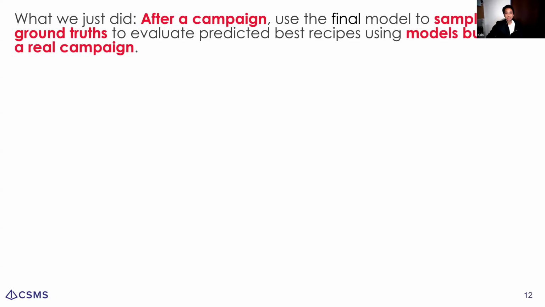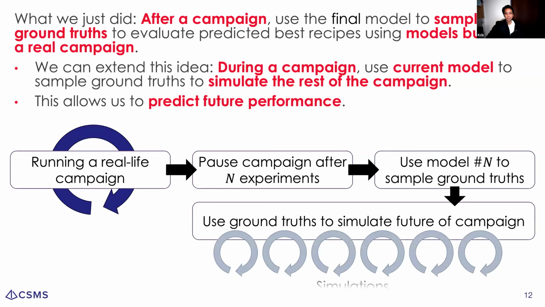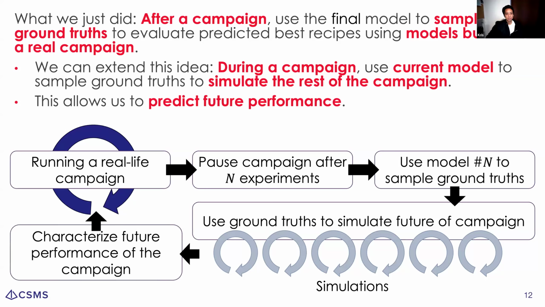I'll skip here so we have time for questions, but you can extend this idea of using your belief as a distribution of surrogates to make these performance plots to actually predict future performance of your campaign.